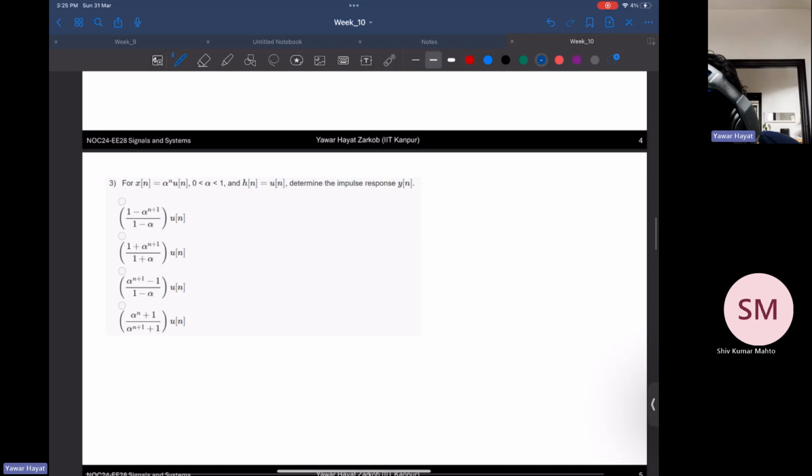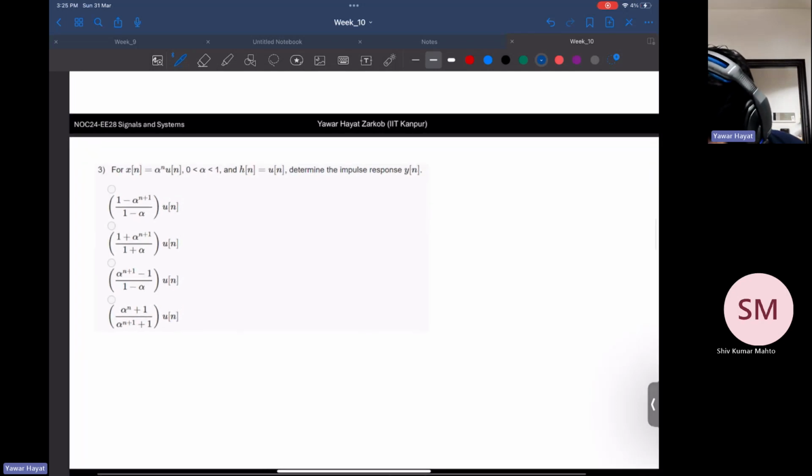So this is your x of n. Okay, and x of n is given by alpha raised to power n u of n, where this alpha lies between 0 and 1. And h of n is equal to u of n.